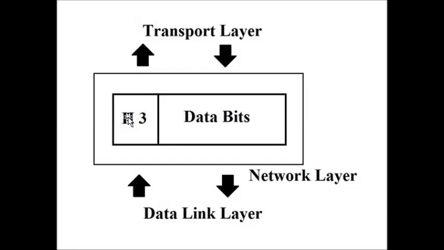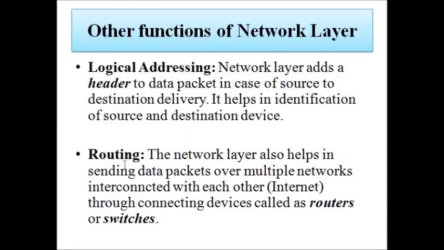Here it is called H3 because it is the header associated with layer 3, the network layer. It helps in identification of the address of the sending and the receiving device involved in data communication. And the other function of the network layer is to send data packets over multiple interconnected networks, basically the internet, and it achieves this through specific connection devices called routers or switches. So here we have discussed some of the basic concepts related to the network layer.